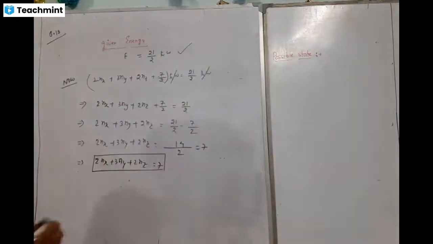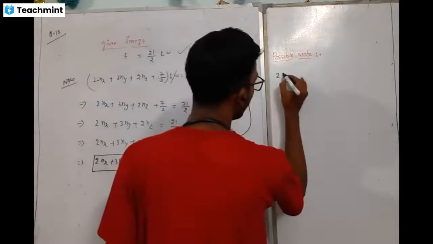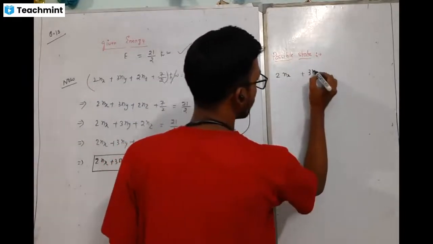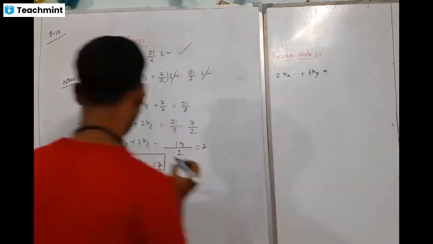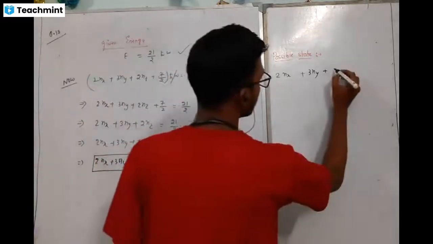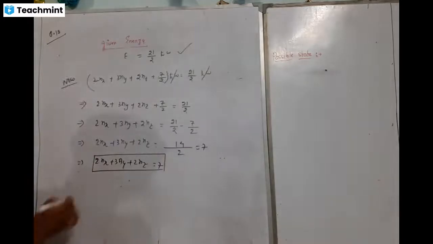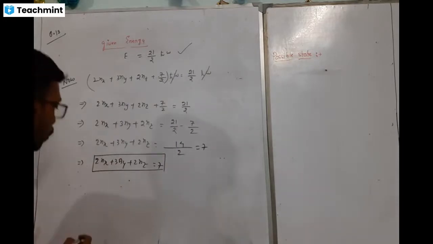Now we can find the possible state, and this is equal to 2nx plus 3ny plus 2nz. So now put nx equals 0, ny equals 1.